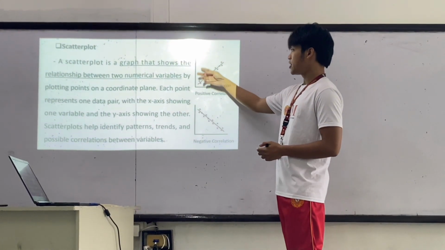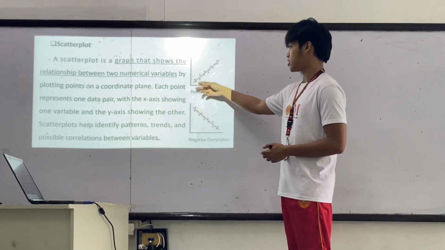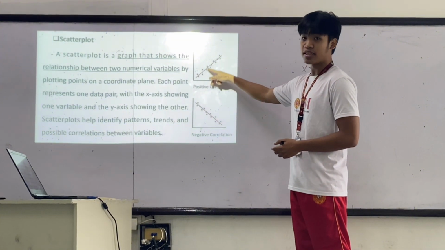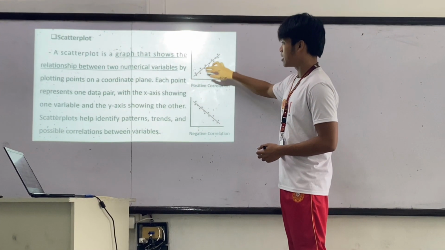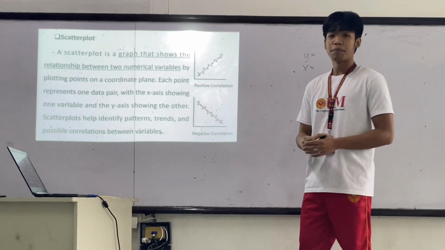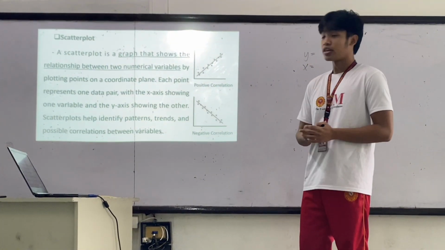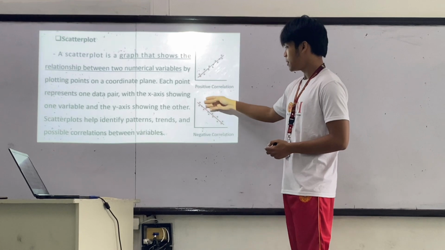So there are different types of meanings of scatter plots, such as this one. This scatter plot is ascending, and not only is it ascending, but the points are close to the line itself, meaning that this scatter plot indicates a high positive correlation.